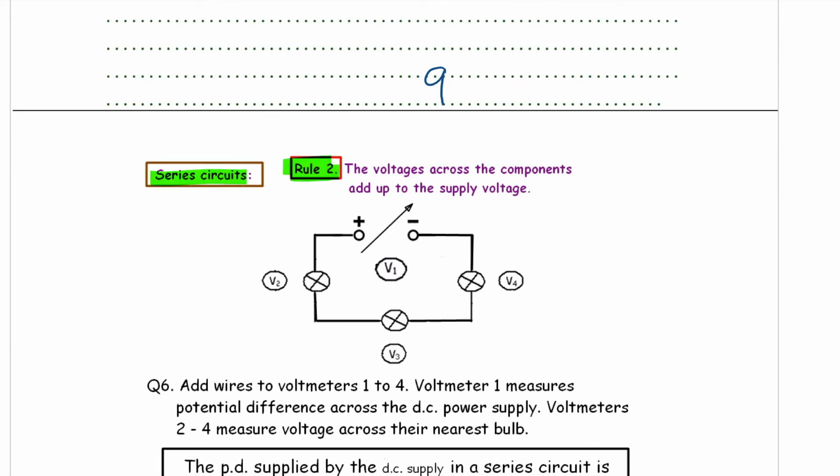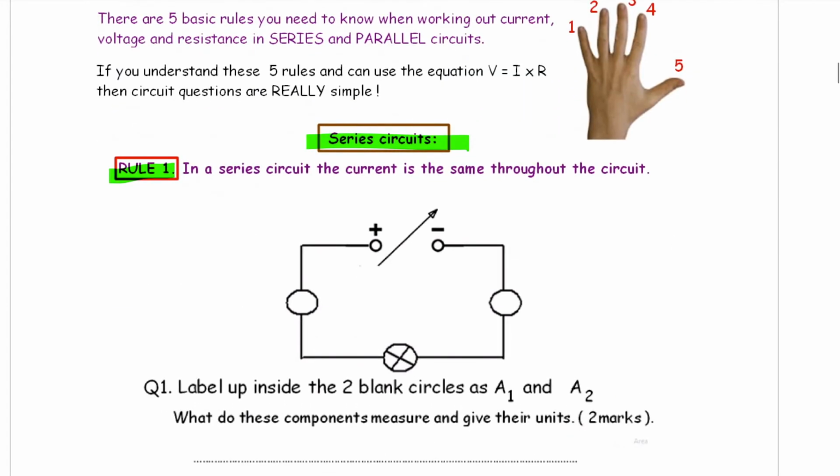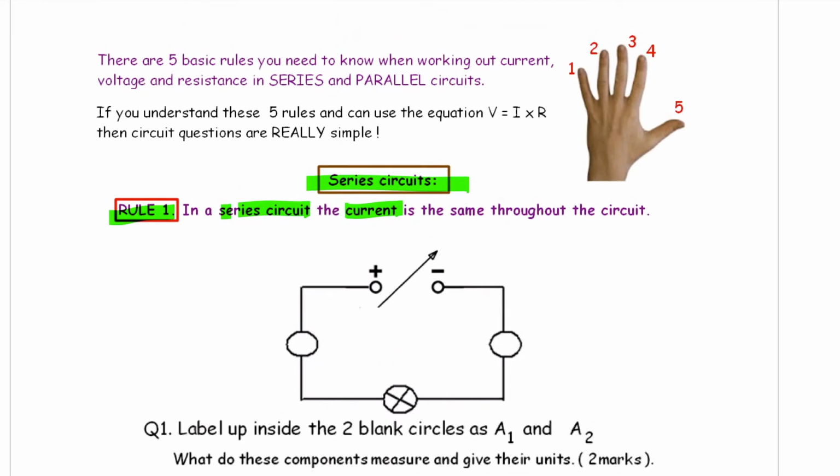The difference between the two is, if you look at rule 2, it's to do with voltages in a series circuit, and for rule 1, it's to do with current in a series circuit. In our next lesson, we'll be learning the other rules. So for today, it's rule 1 and rule 2.